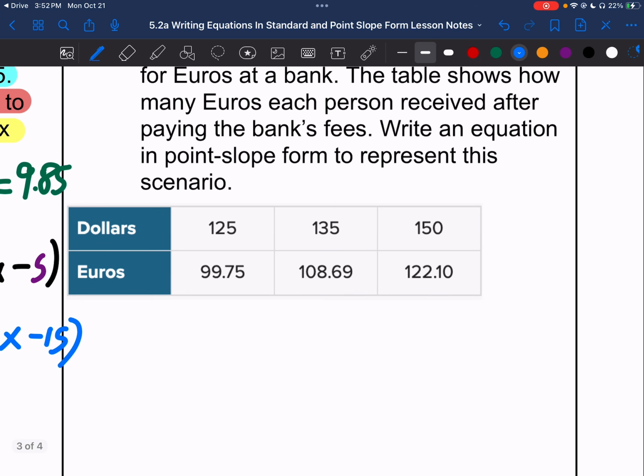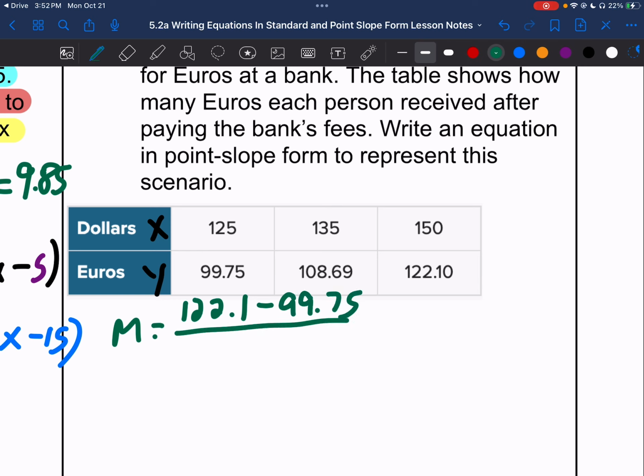All right, so what's happening here? Well, we've got our variables, dollars and euros, and I want to find my slope, so I'm going to go with my 2 biggest values. I'm going to say that my slope is 122.1 minus 99.75 over 150 minus 125.